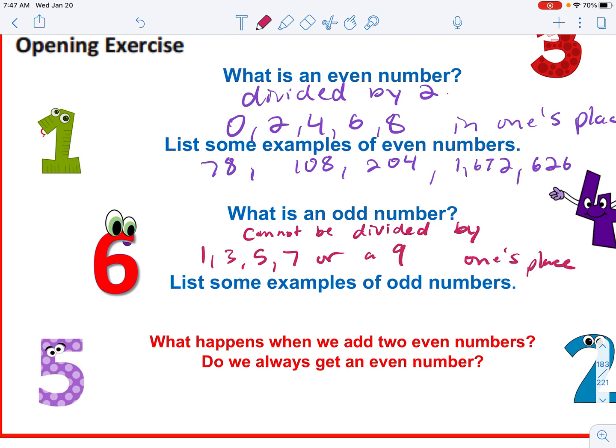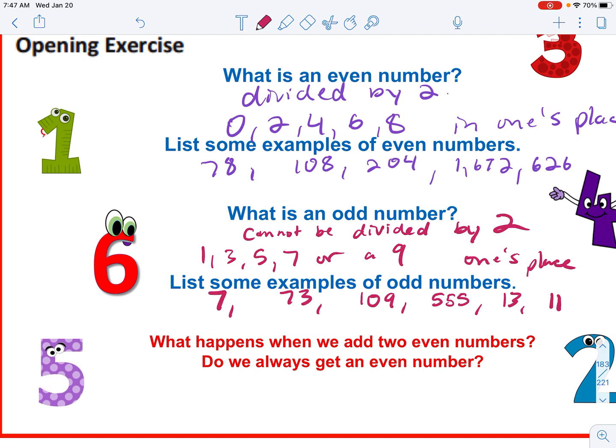So if a number is odd, it cannot be divided by 2. It says list some examples of an odd number. I have 7, 73, 109, 555, 13, 11. Those are just some examples of odd numbers.